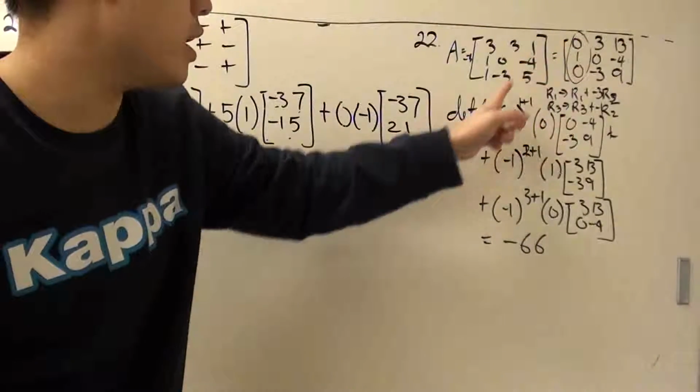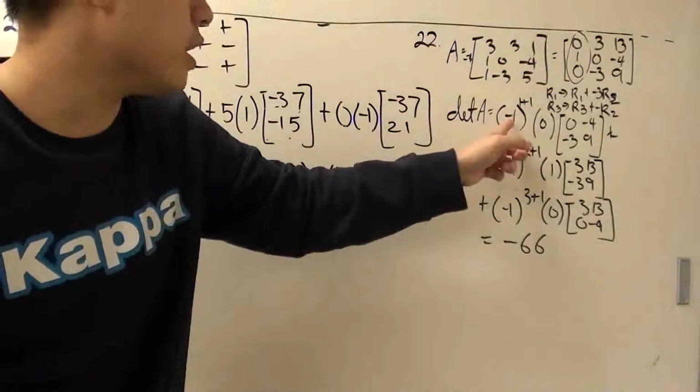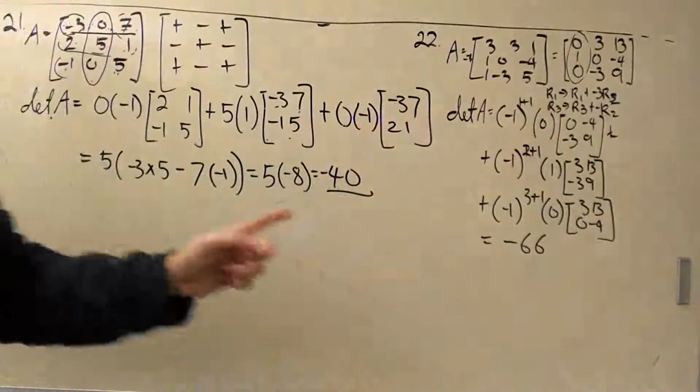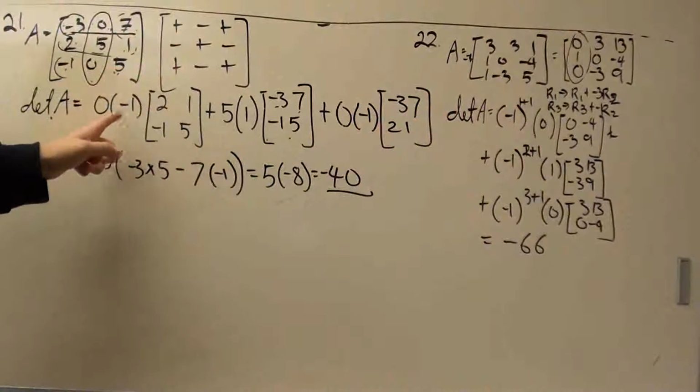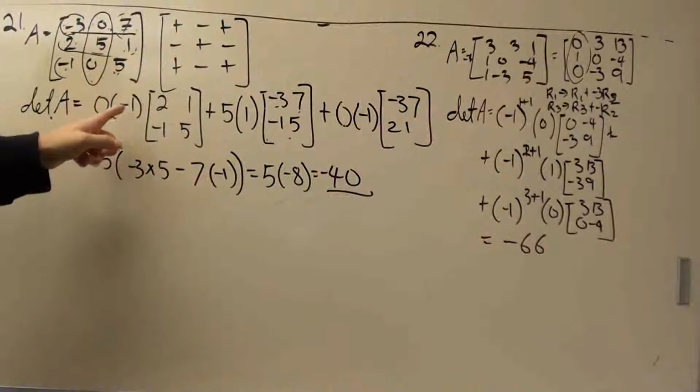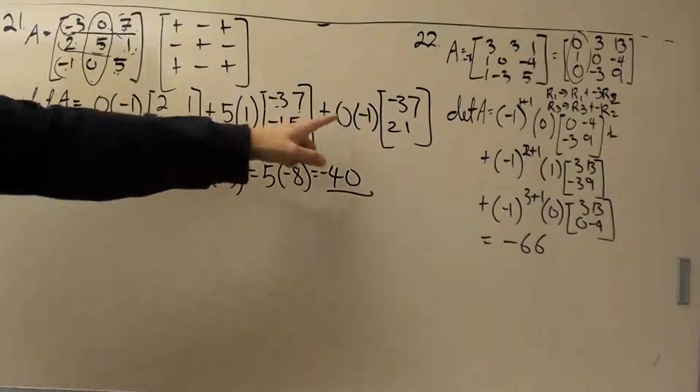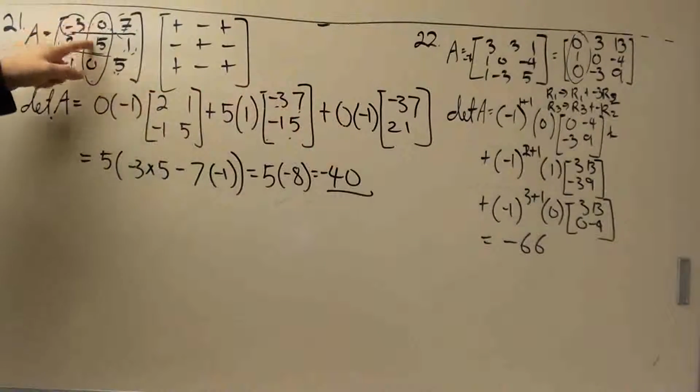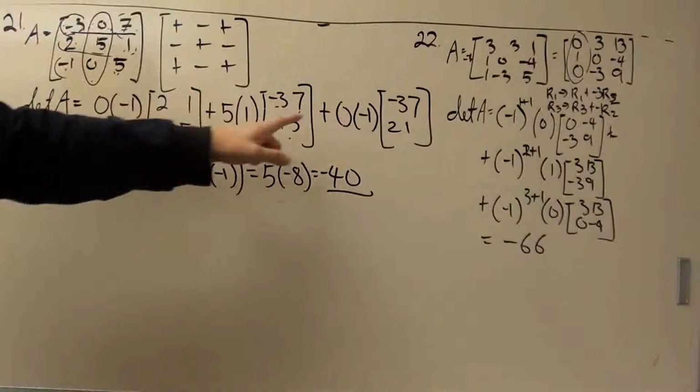So determinant A is, and this is another way. Remember here, we use the sign chart. I haven't really mentioned this: you wonder, okay, 0, 5, 0, I get where they're coming from. Where are this negative 1, 1, and negative 1 coming from?